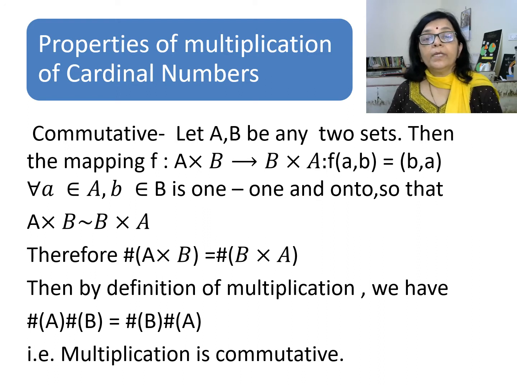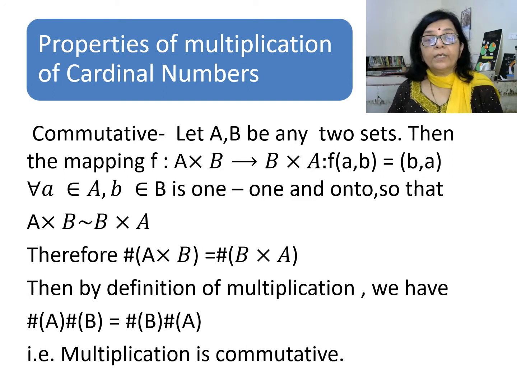Let A and B be any two sets, then the mapping f from A cross B to B cross A such that f of (a, b) is equal to (b, a) for every a belonging to set A and b belonging to set B is one-one and onto. So A cross B is equivalent to B cross A. Therefore, #(A cross B) is equal to #(B cross A).